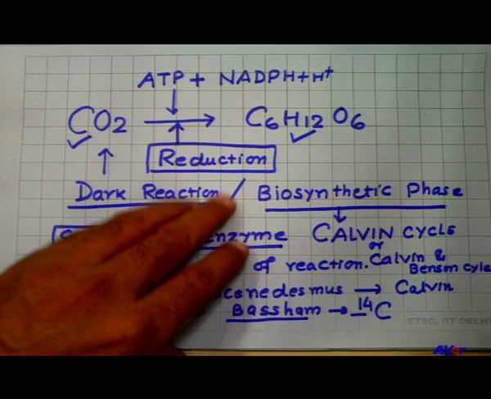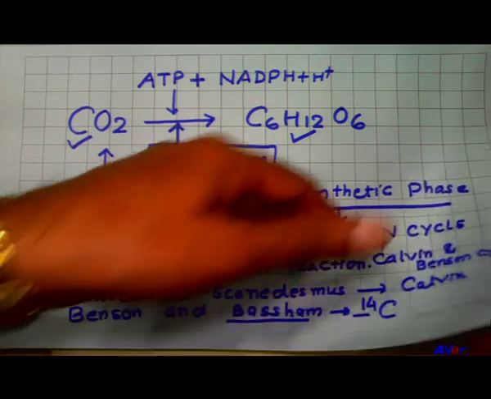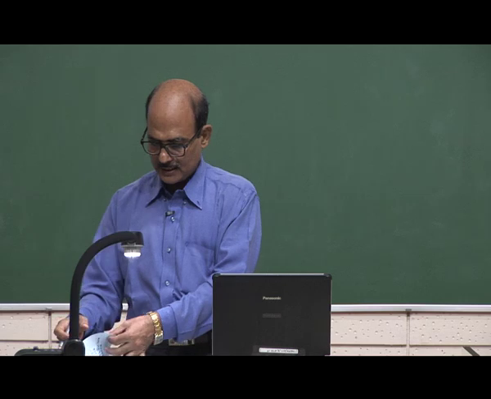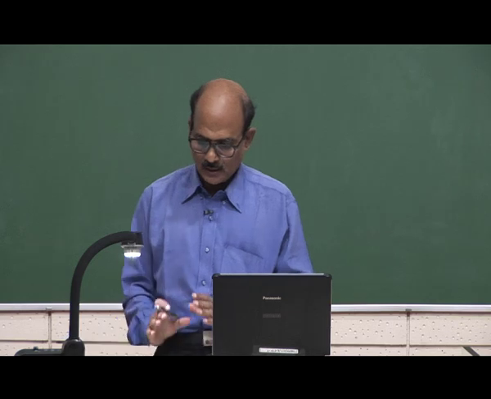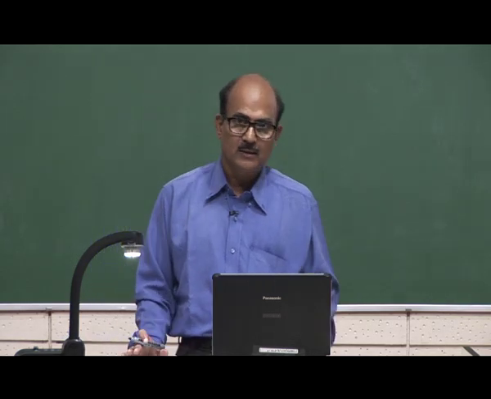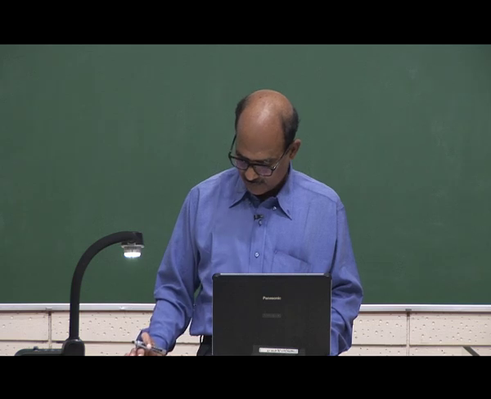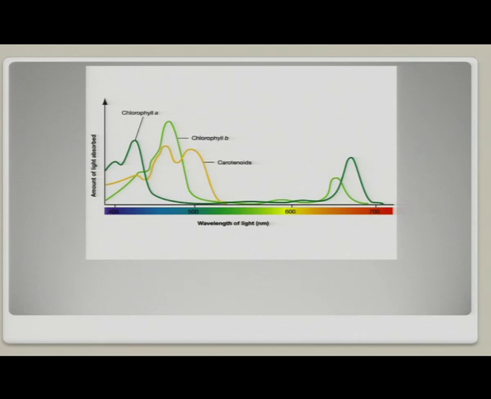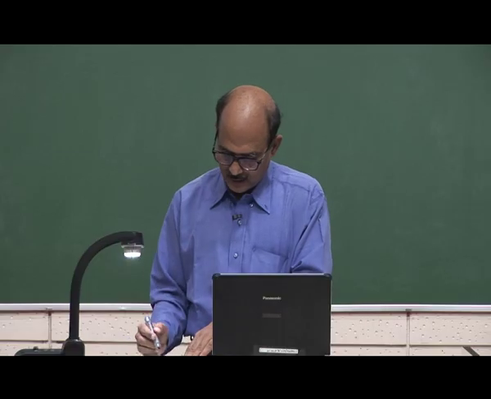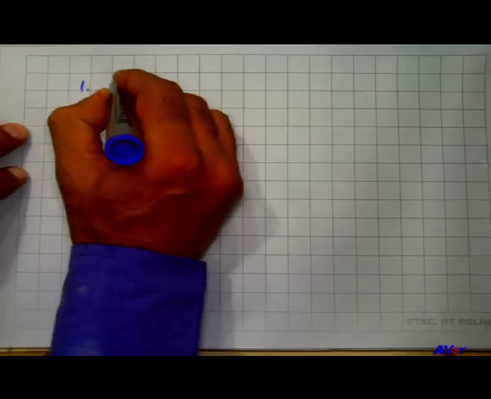So, we can say Calvin cycle, dark reaction, Calvin and Benson cycle, or biosynthetic cycle. The entire Calvin cycle or the dark reaction has been divided into 3 main phases, as we have already discussed, it is a sequence of reactions, and the first is carboxylation.